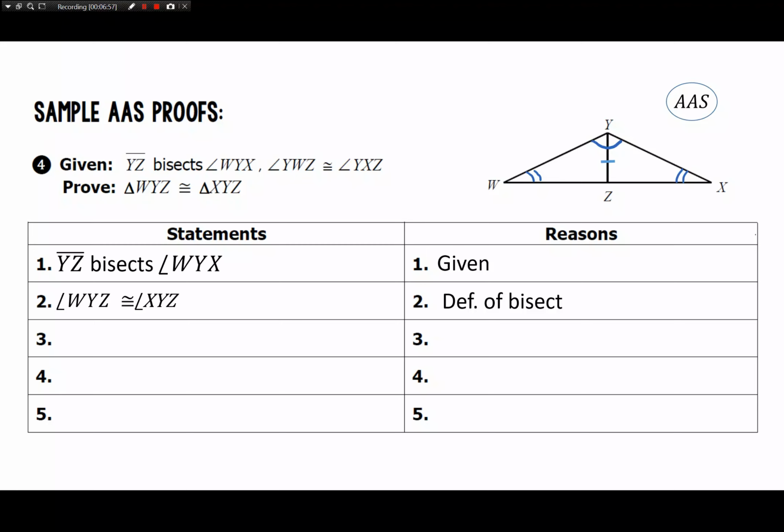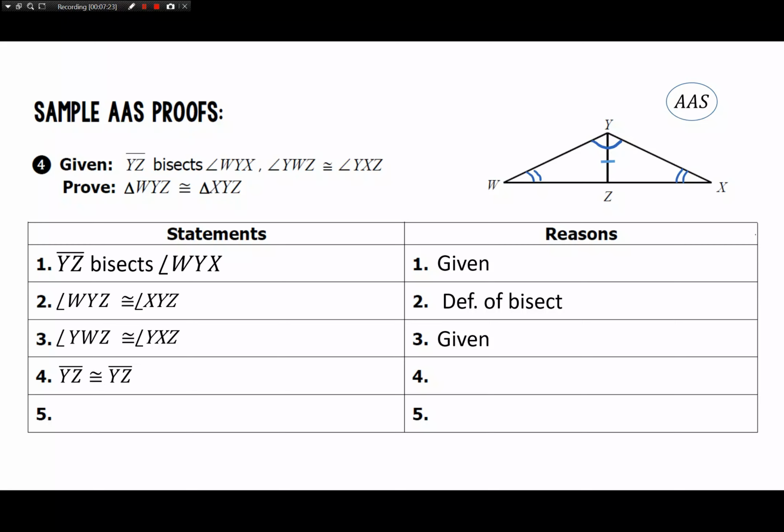So now we use that first given statement to give us one of the letters that we need for this proof. So we can now move to the second given statement, which is angle YWZ is congruent to angle YXZ. Again, the reason for that is it was given. So now we have the first two angles, and now we just need the side.